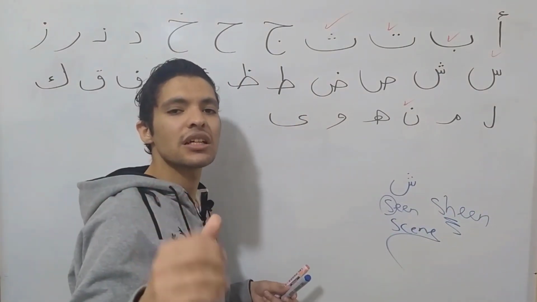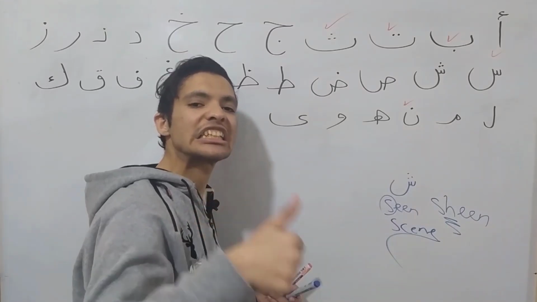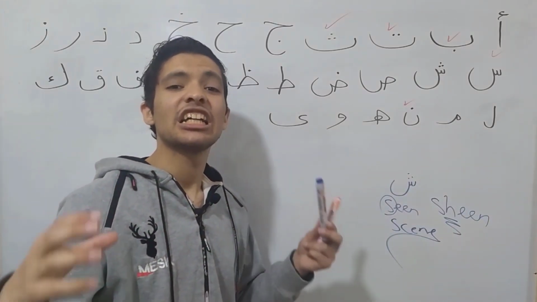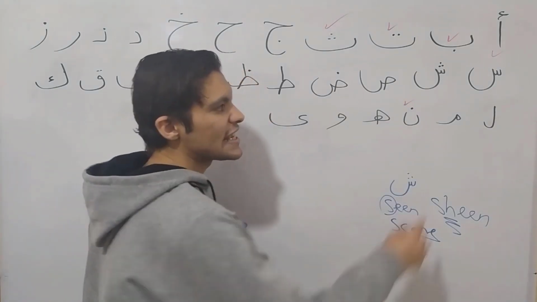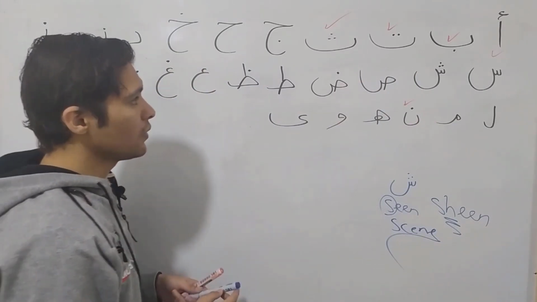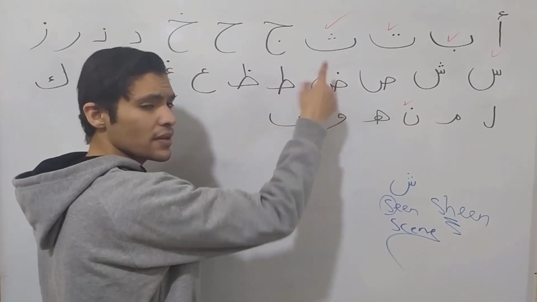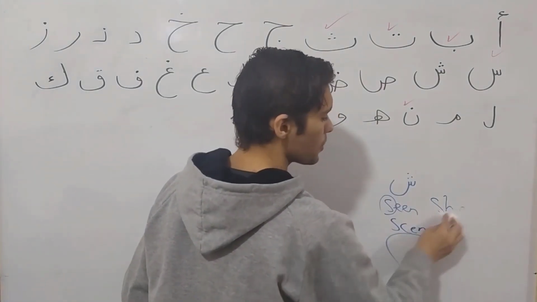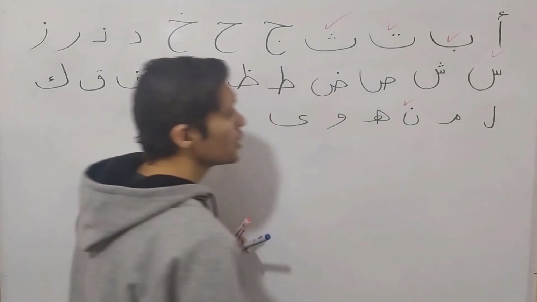Okay, so you have seen, sheen. And now look at this. Exactly the same, but there's just one dot. Why? To differentiate between them. Yes, good answer. Now you know what I'm talking about.